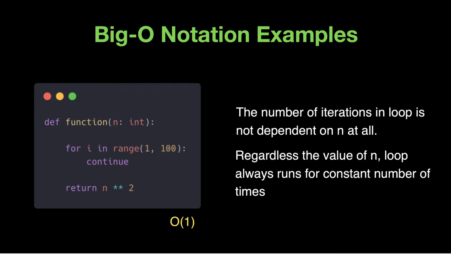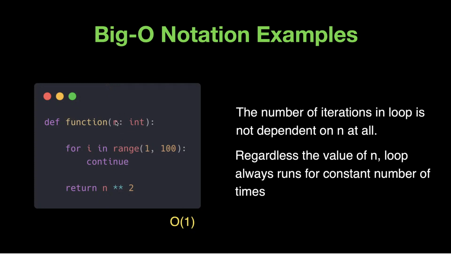And then here is another example. Most of the time our students get confused when calculating the algorithmic complexity for this type of question. Actually, here the loop is running for 100 times, actually 99 times to be specific. For i in range 1 to 100, we are running the loop here. But the number of times this loop runs does not depend upon n, right? Because if you pass n as 1000, this loop will run for 99 times.